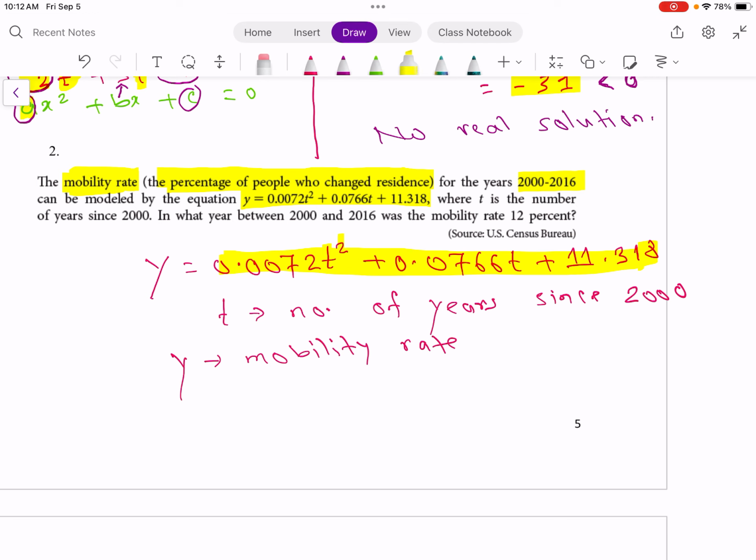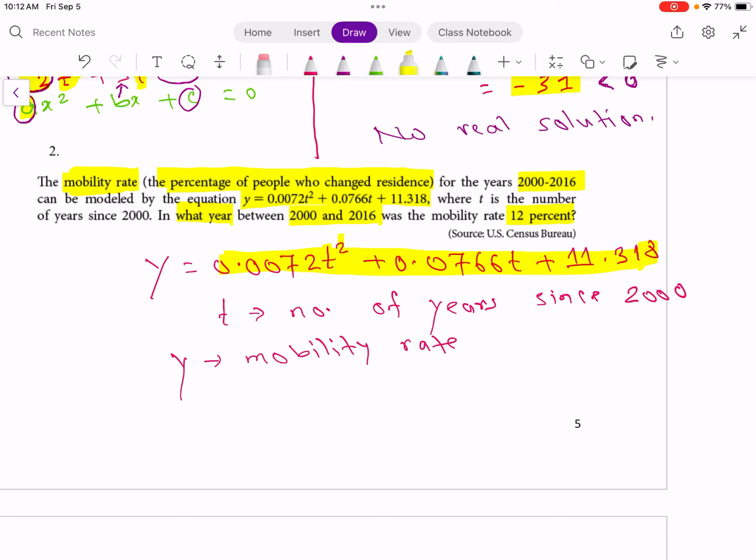Now the question here is, in what year between 2000 and 2016 is the mobility rate 12%? Now we have two variables, y and t, right? y is the mobility rate, t is the number of years since 2000. Now what we are asked to find here, let's read the last statement.